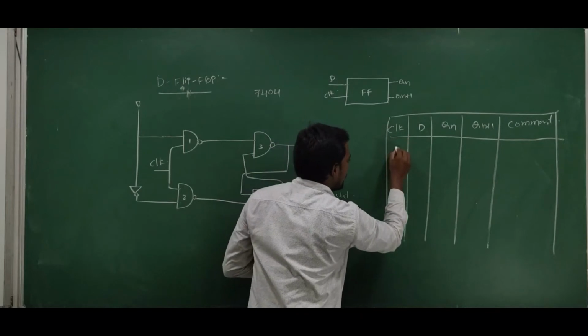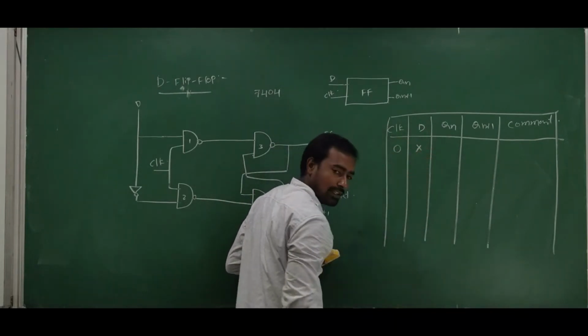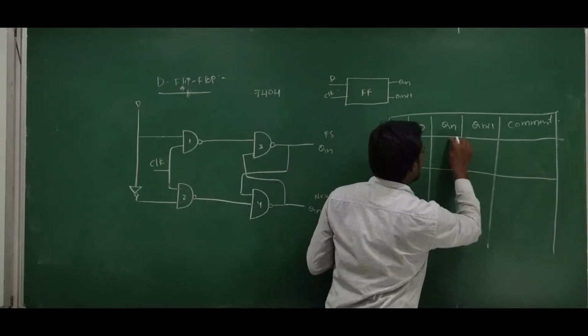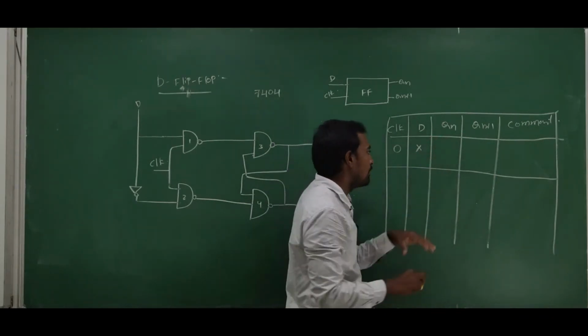So if I am giving the clock signal equal to 0 and D input either it is 1 or 0, then we will get the 2 conditions, that is present state either it is 0 or 1.